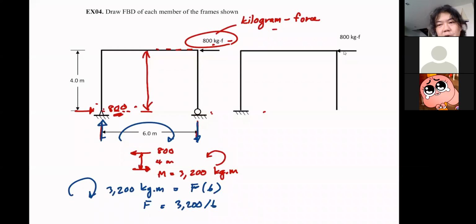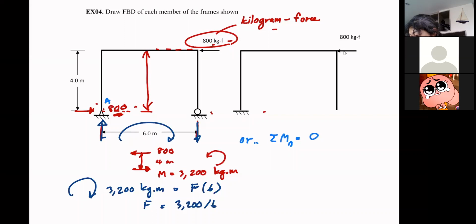But for those of you who are not familiar with doing things like this, you can always, let's say, call this point A. You can take moment at A. No harm done. It's just not cool. Okay. So you can do the same. You can take sigma MA equal to 0.